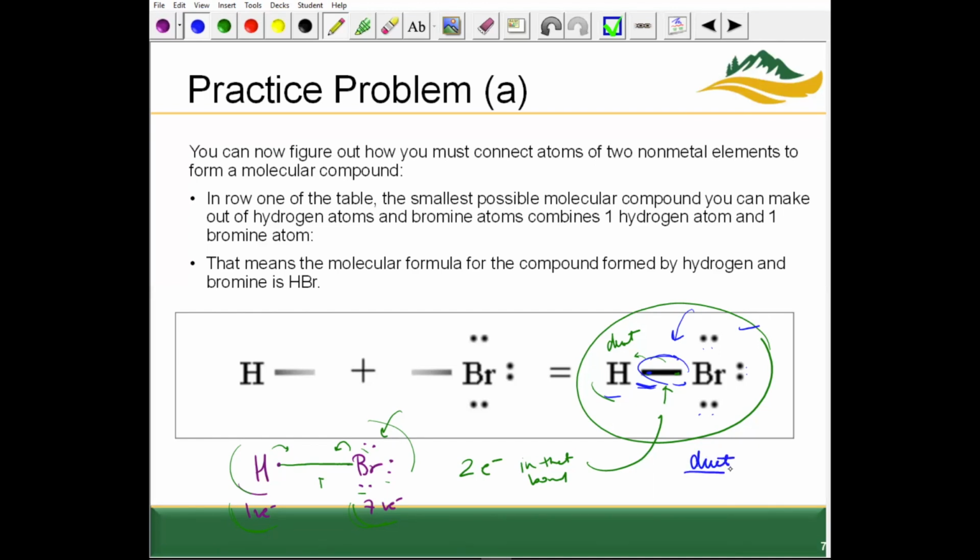There are a few atoms that have a happy duet rather than a happy octet: hydrogen, helium, beryllium, and lithium. So we need to watch out for some cases where the atom would rather have a duet and not an octet to have a happy, satisfied configuration.